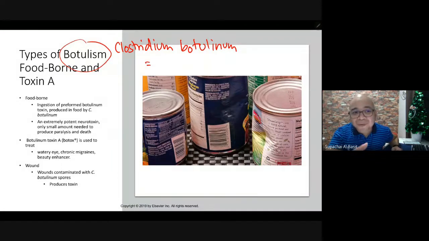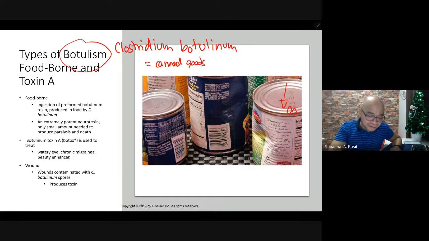It is more potent than cobra venom. And most of the time, Clostridium botulinum is isolated from canned goods because inside the can, there's no oxygen, and they would actually prefer living inside the can. So the common name of Clostridium botulinum is canned goods bacillus.